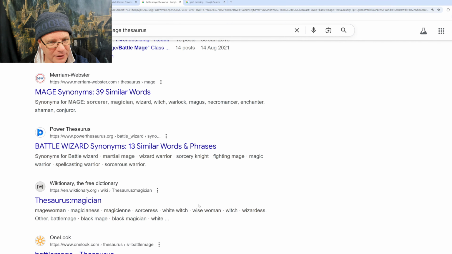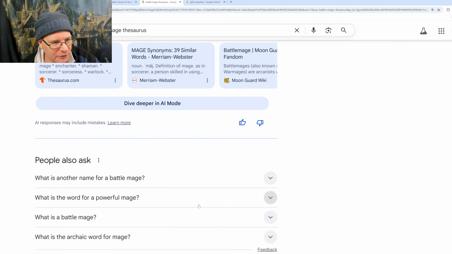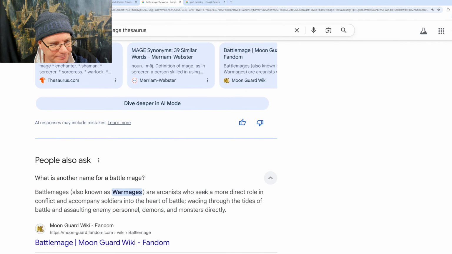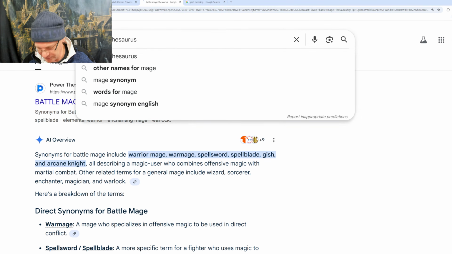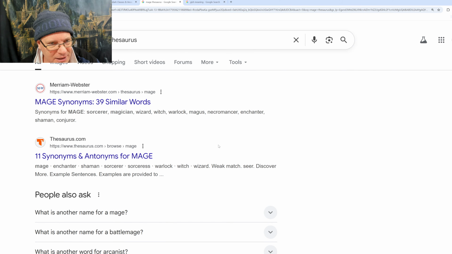Okay, let's go back to chat and see what people have in terms of ideas, because I think we're going to have to just break it down to Mage and Thesaurus very shortly, and that's going to give us a lot of stuff we've already got as well, which is kind of a pain, but you never know. Maybe we'll get lucky.